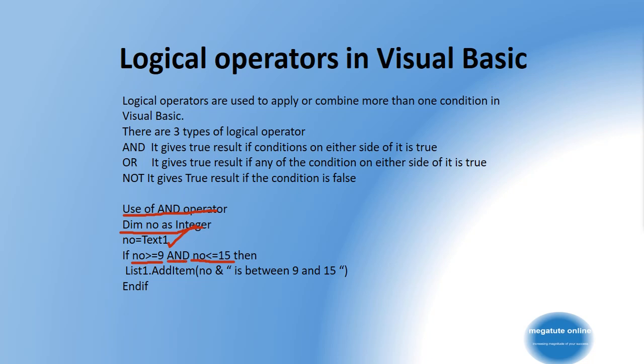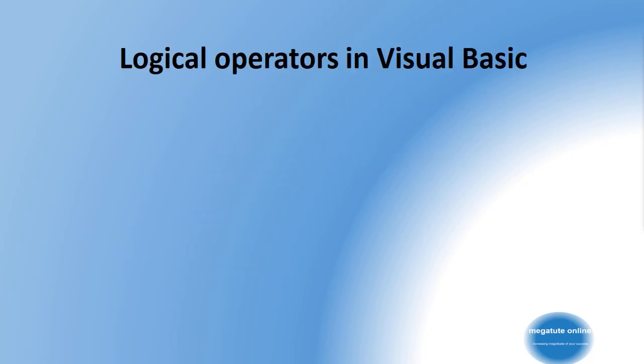As I discussed, the AND operator gives you a true result only when the conditions on both sides of it are true, meaning both conditions have to be true. So if the number happens to be more than 9 and less than 15, only then will it give the message that the number is between 9 and 15. Alright. After a few minutes, I'll do it practically, then you will understand it better.